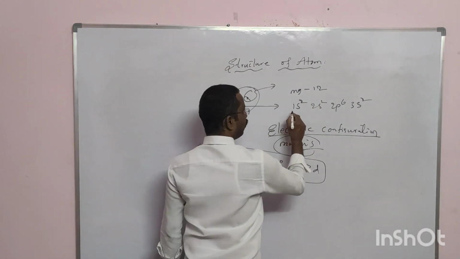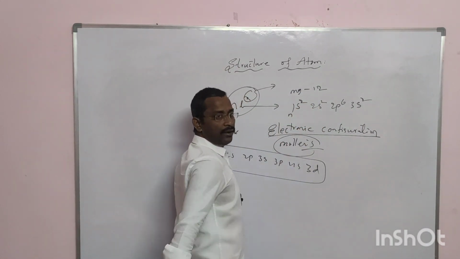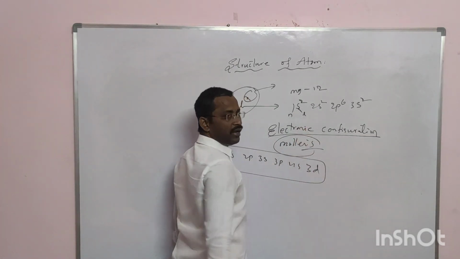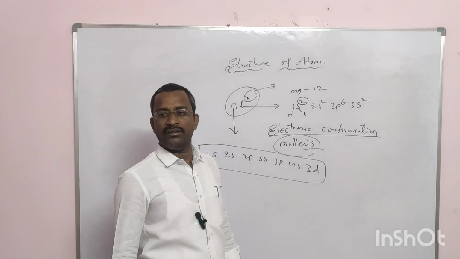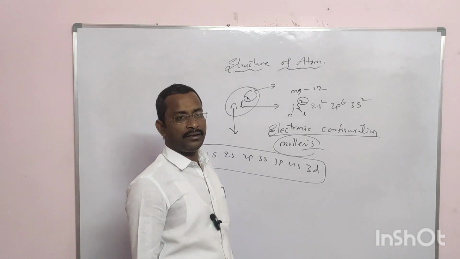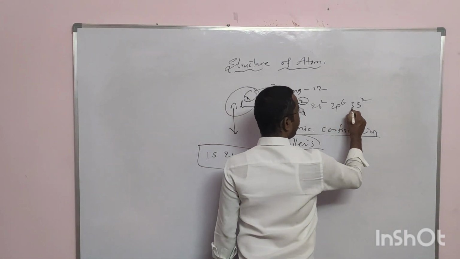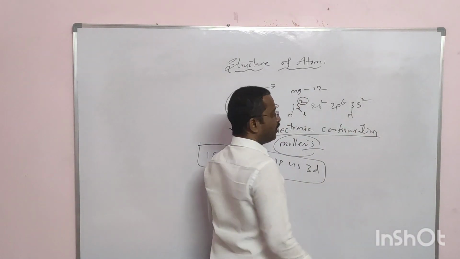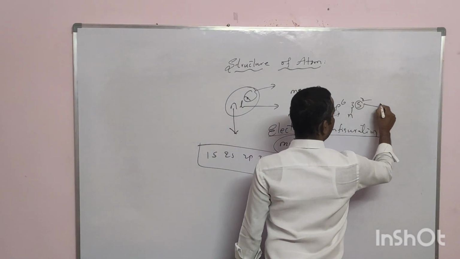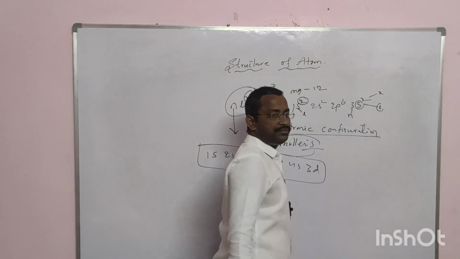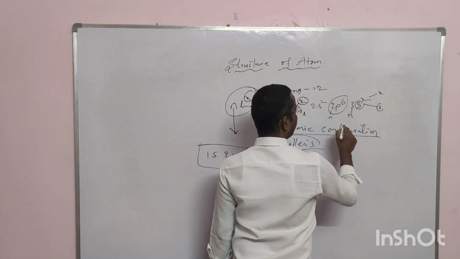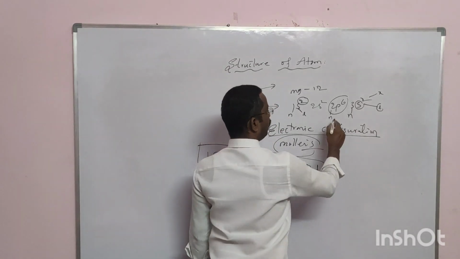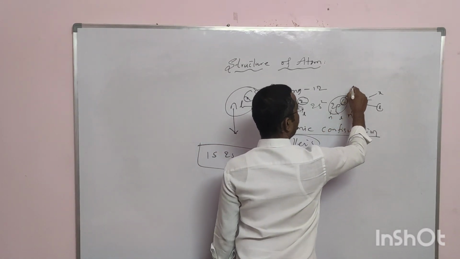Look here, in this, n is the shell, l is s, and here this is x. x represents number of electrons are accommodated in it. When we come to 3s, here this becomes n shell, this becomes l, this becomes x. Or come to p, this is n, this is l, this is x.